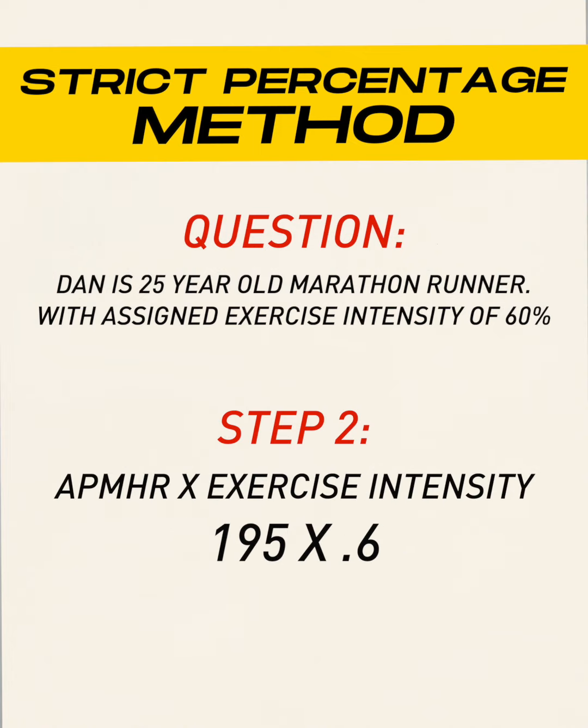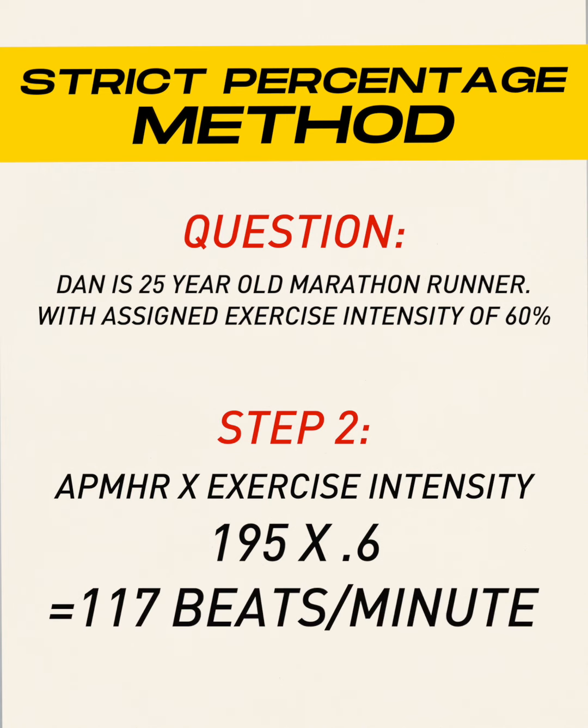And the assigned exercise intensity is 60%. So all we need to do to solve this equation is 195 times 60%. And the outcome, the targeted heart rate that you're going to achieve from this, is 117 beats per minute.